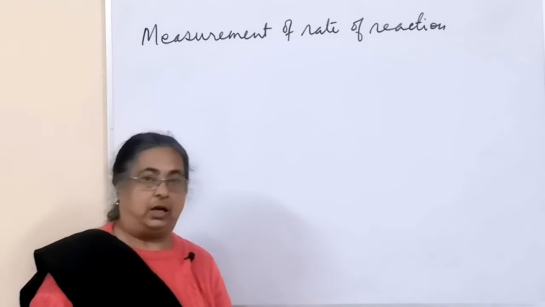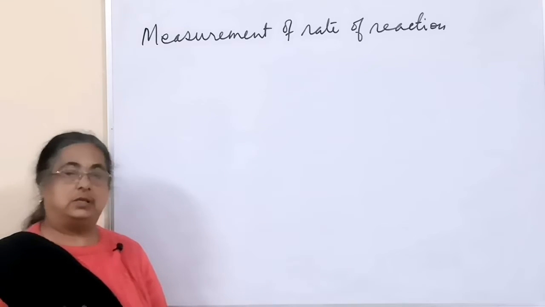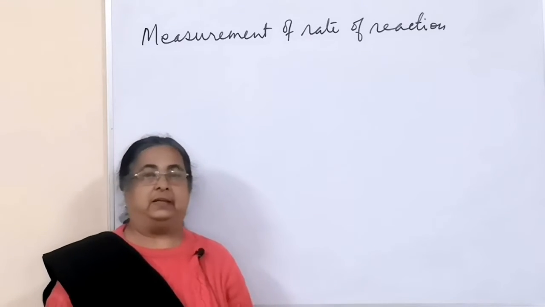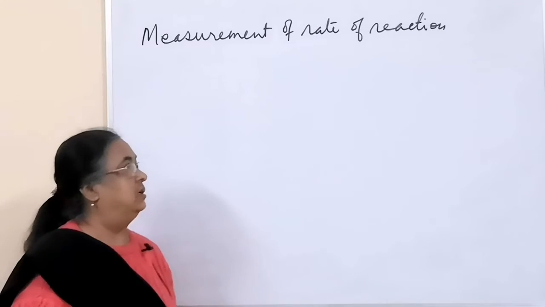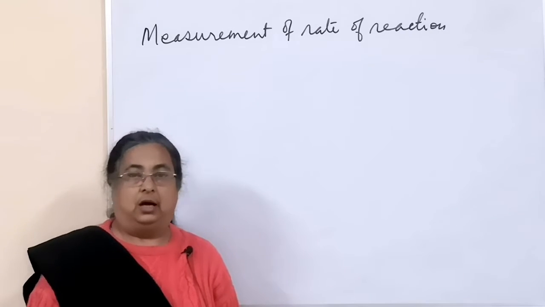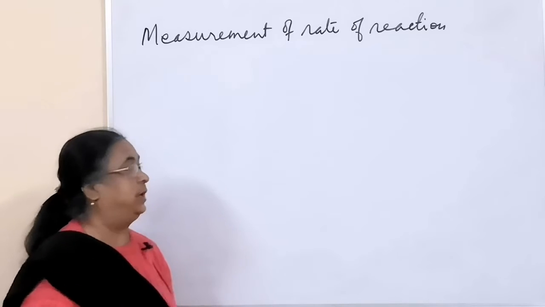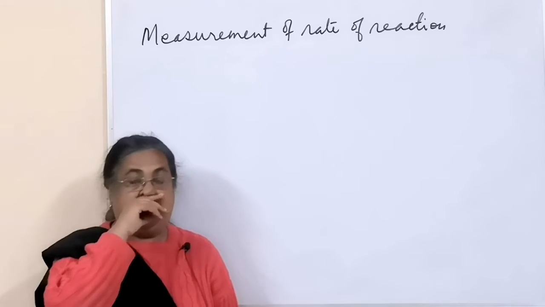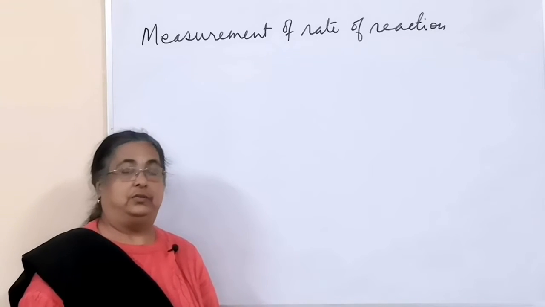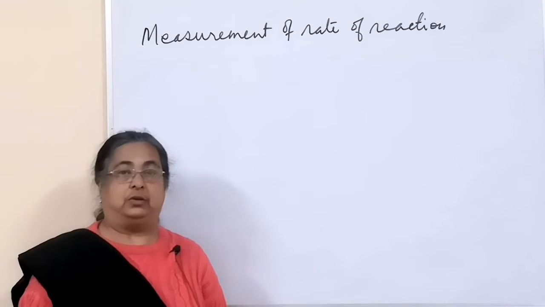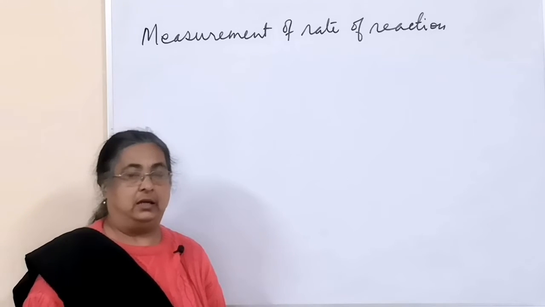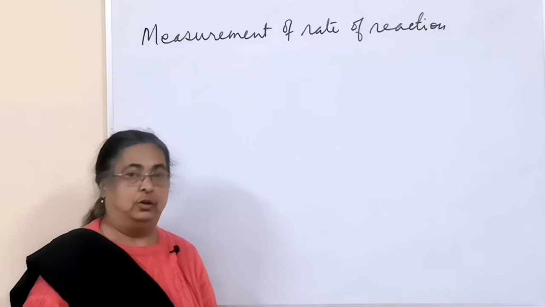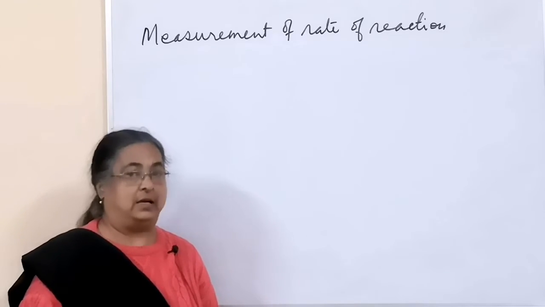So it is very difficult to decide. So this is one of the reasons why the experimental methods are not chosen to measure the rate of the reaction. The second thing is that you will have to stop the reaction at a particular instant of time, and at that time you will have to cool the reaction system so much that the reaction becomes almost a standstill.